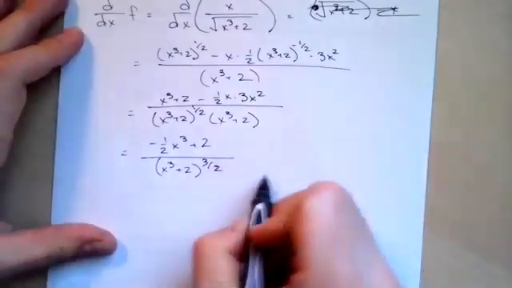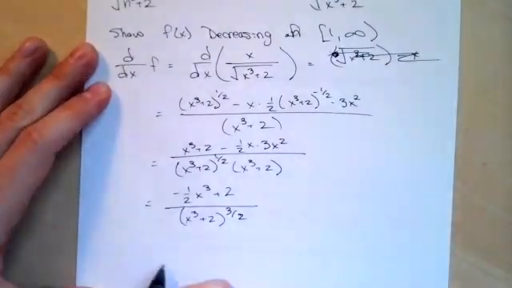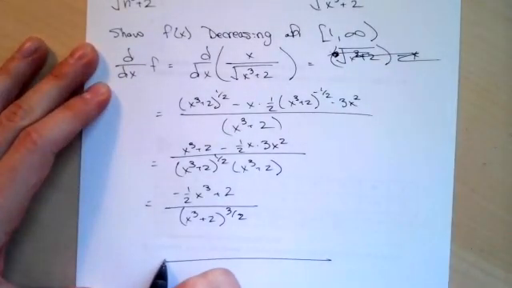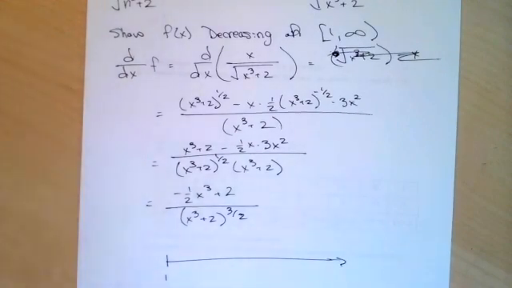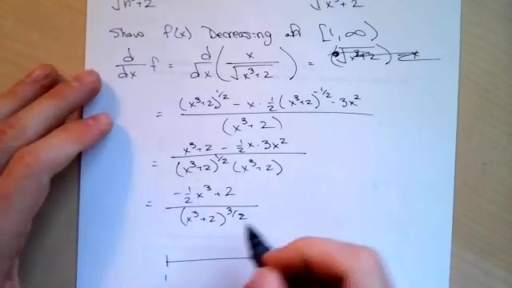And how do we do our number line test? We only care from 1 to infinity. Pick a number bigger than 1. What's going to happen? Actually, I don't like that because it's going to have a 0 at the cube root of 4. So, not entirely great.